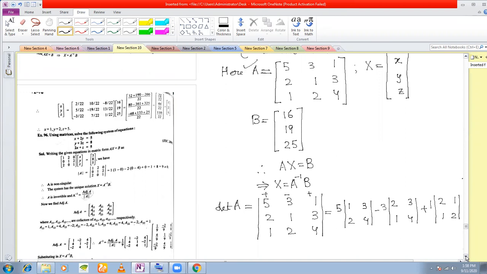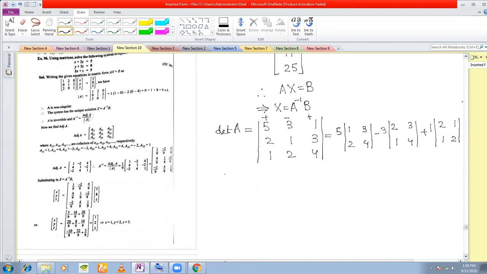So now I find out the value of this determinant. This is 4 minus 6, minus 3 into 8 minus 3, plus 1 into 4 minus 1. So this is 5 into minus 2, minus 3 into 5, plus 1 into 3.